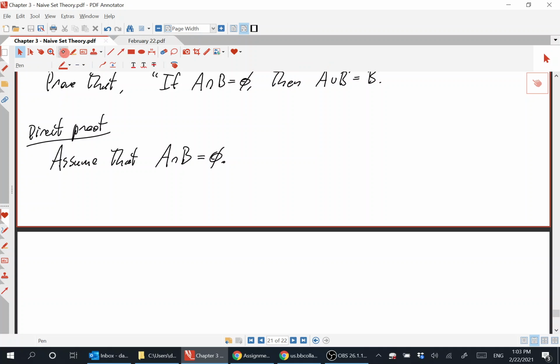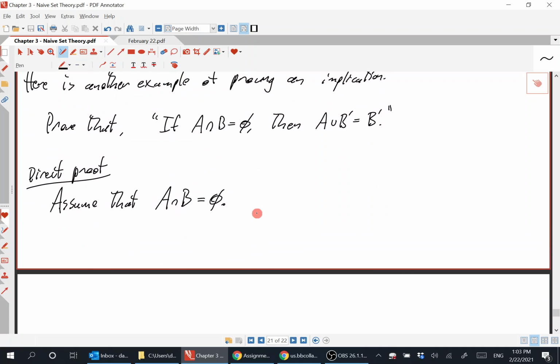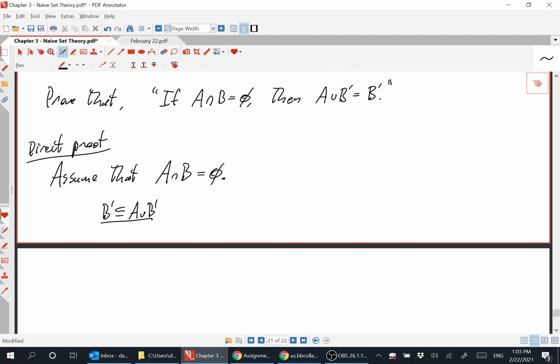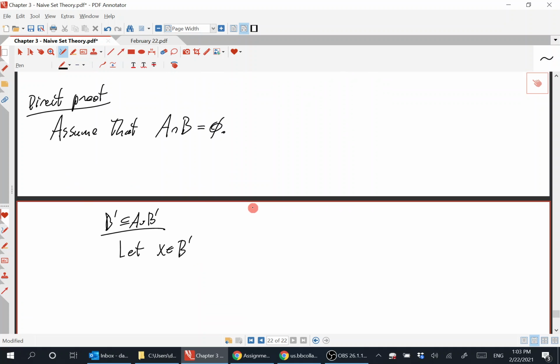All right, so we assume that A intersection B is the empty set. Now we want to show that B complement is a subset of A union B complement and the other way around. So for this part, we start by saying let X be an element of B complement.